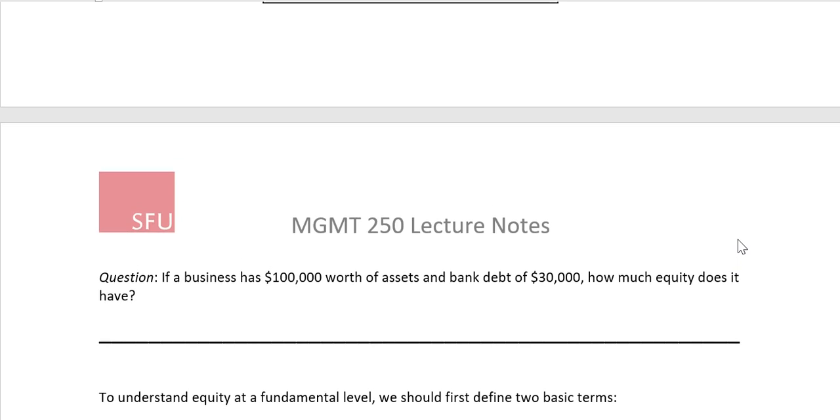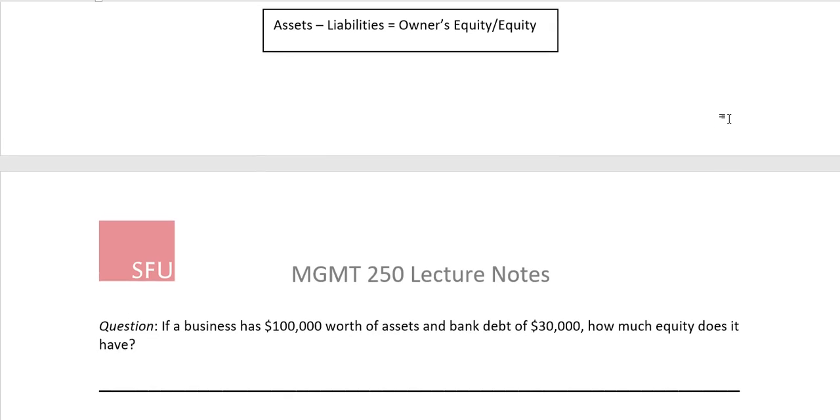So let's try a quick question here. If a business has $100,000 worth of assets and bank debt of $30,000, how much equity does it have? I'm going to scroll up a little bit again. So we're just following that formula up there, and we're going to go ahead and try this together.